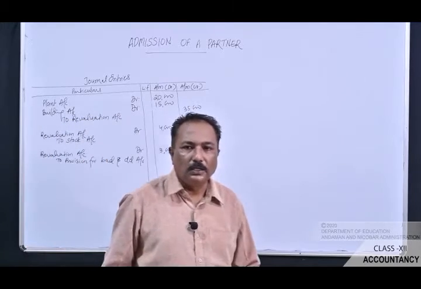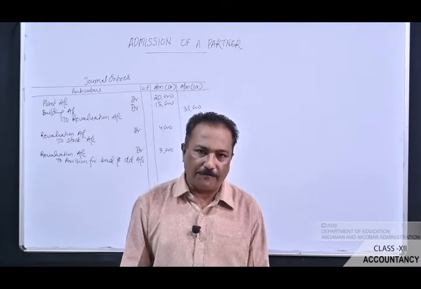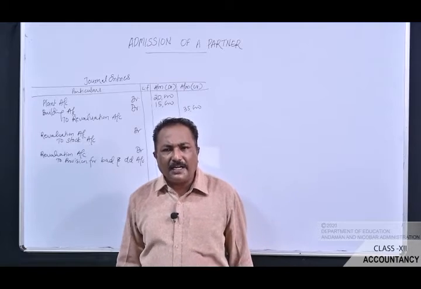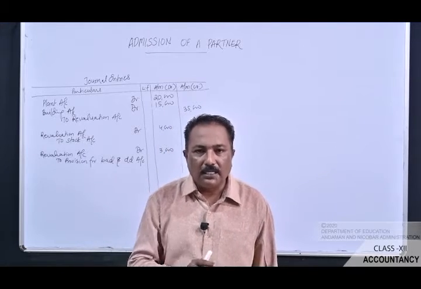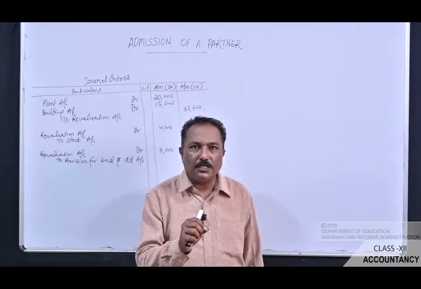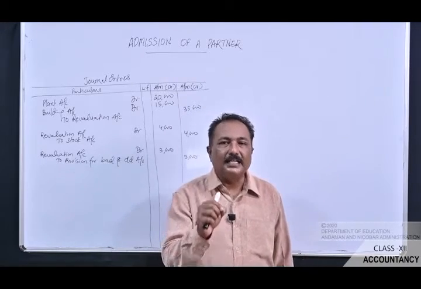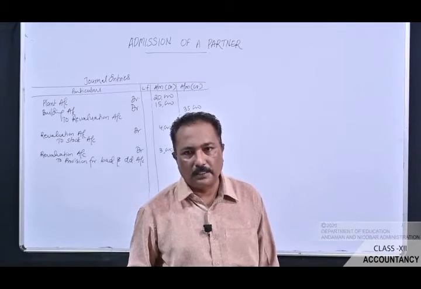Now let's pass on to point number 5th. Creditors were unrecorded to the extent of rupees 1,000. Now see, here in the old balance sheet the value of the creditor is given as rupees 58,000.